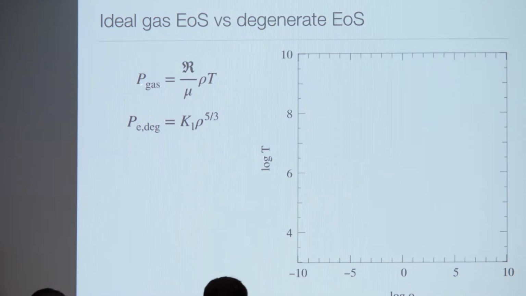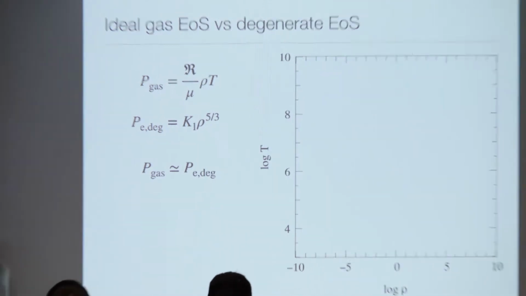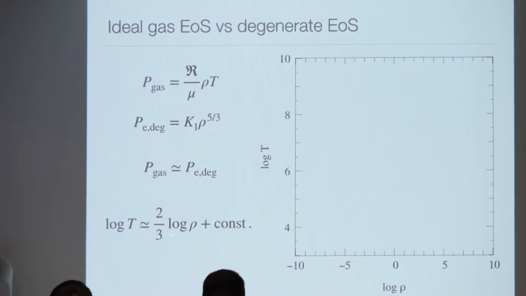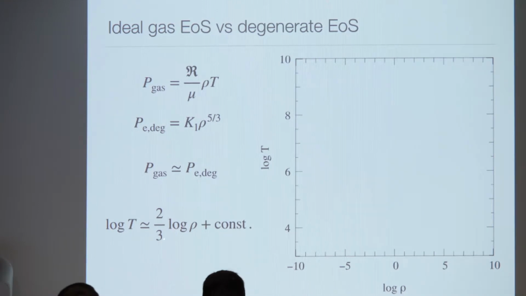There should be somewhere these two pressures get similar, and we should be able to draw a line in this plane where they are similar. If we do a simple exercise, we get that this line should be proportional to the density to the 2/3, with some constant, of course.